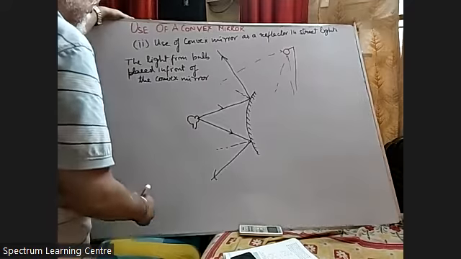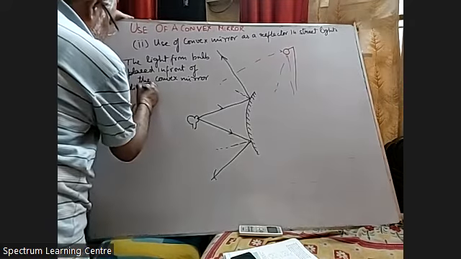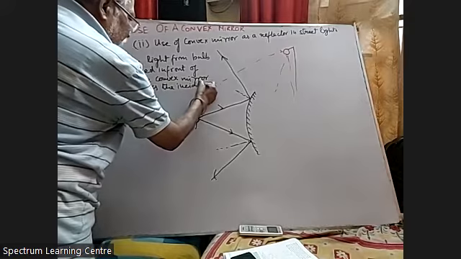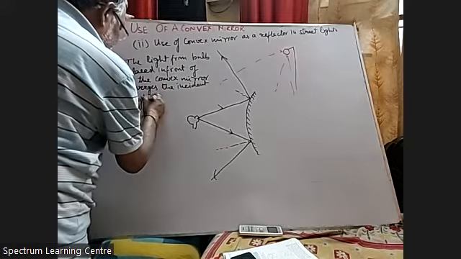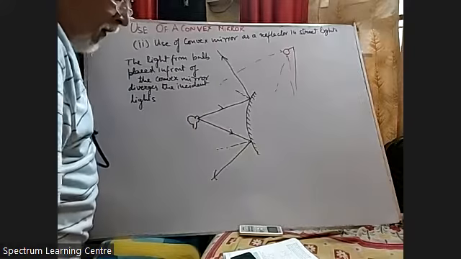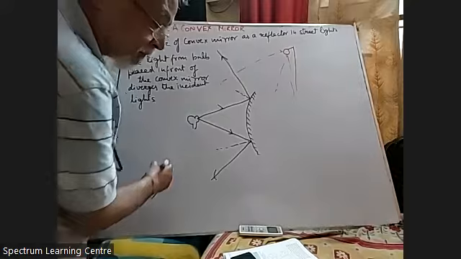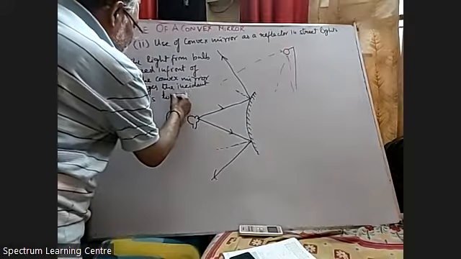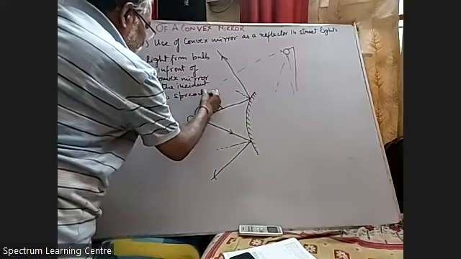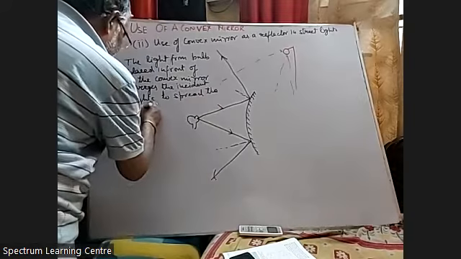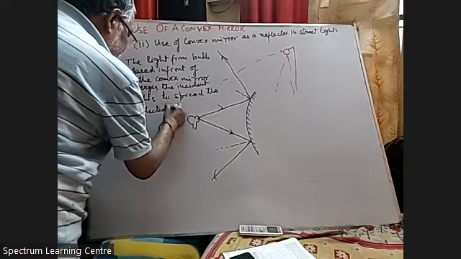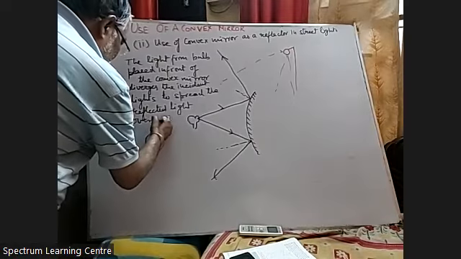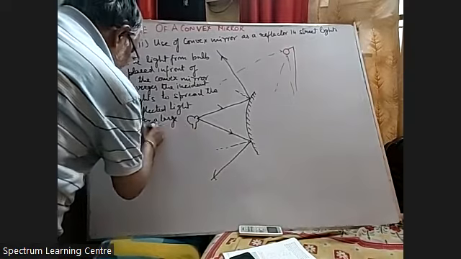The convex mirror diverges the incident light over a large area, to spread the reflected light over a large area.